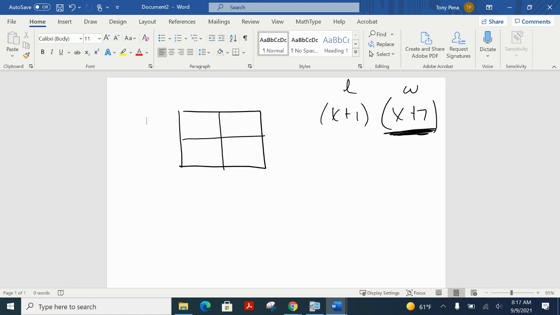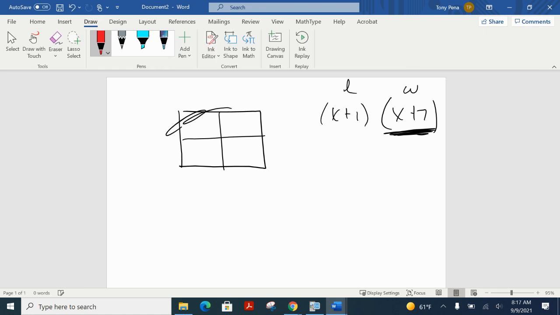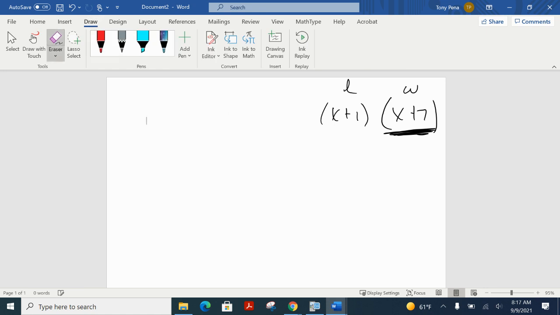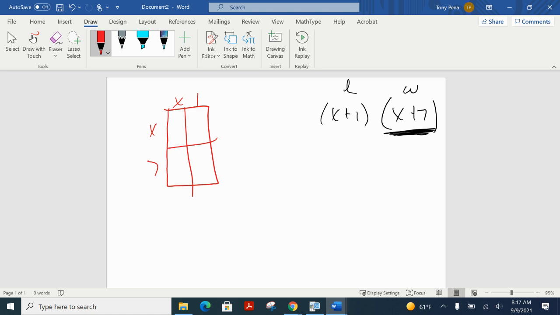So if we were to really kind of sketch this in accurately and to scale, we'll say our length is x plus 1. So what should happen is x and 1 should be shorter than the x increased by 7. We should be longer widthwise than we would lengthwise. So most of these are rectangles is what we're dealing with.